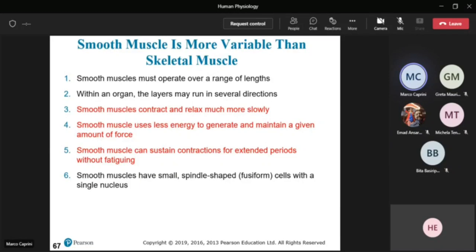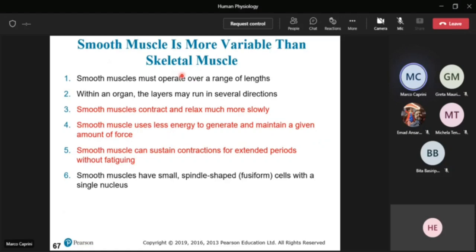Okay, so we have just analyzed some information on the structure and function of smooth muscle cells compared to the skeletal muscle cell.